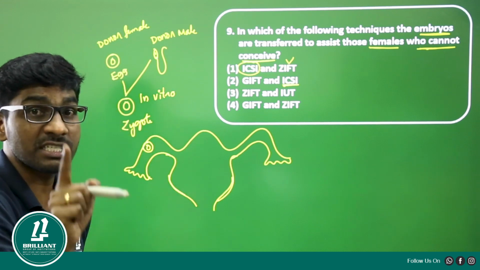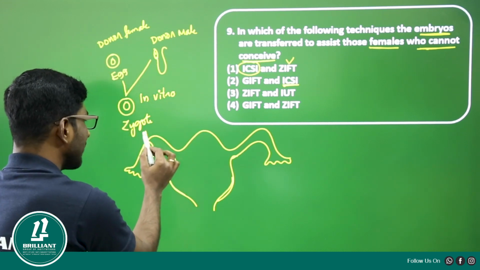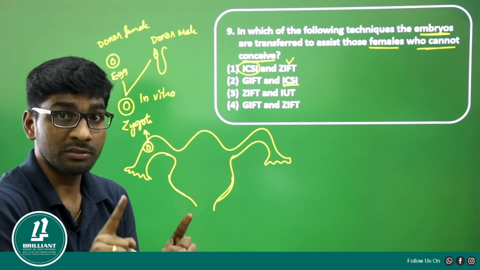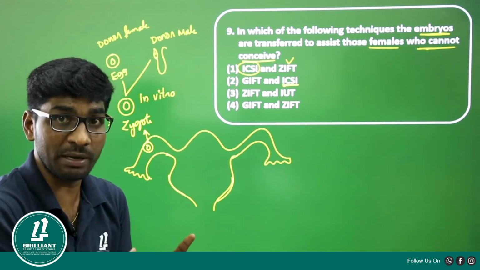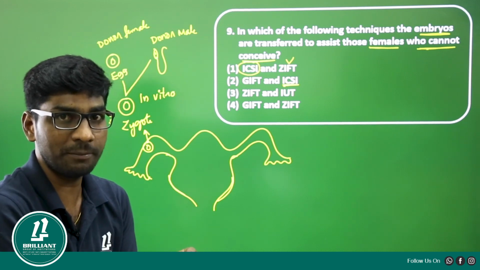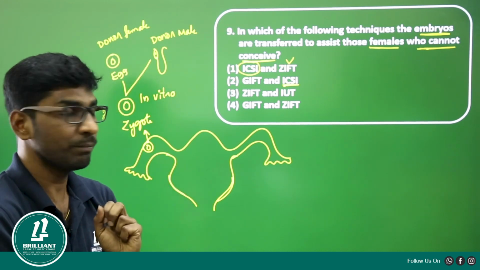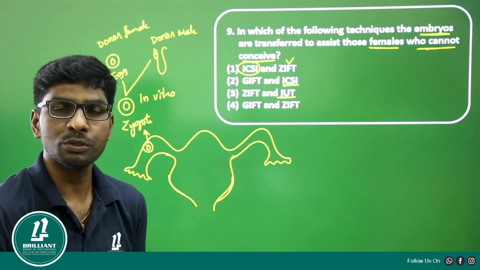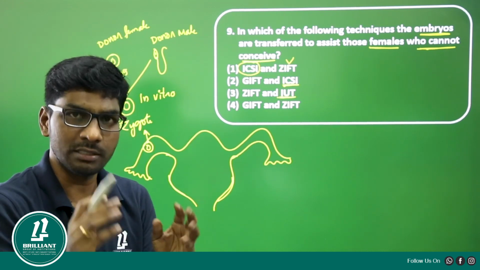ZIFT, zygote intrafallopian transfer, is one technique used in a female for the transfer of embryos into the female. Number 2, IUT, intrauterine transfer. So what is the difference between these two techniques? I'll tell you.